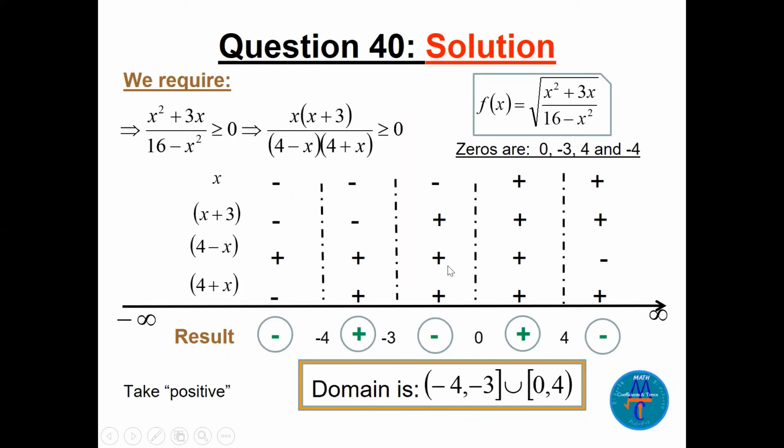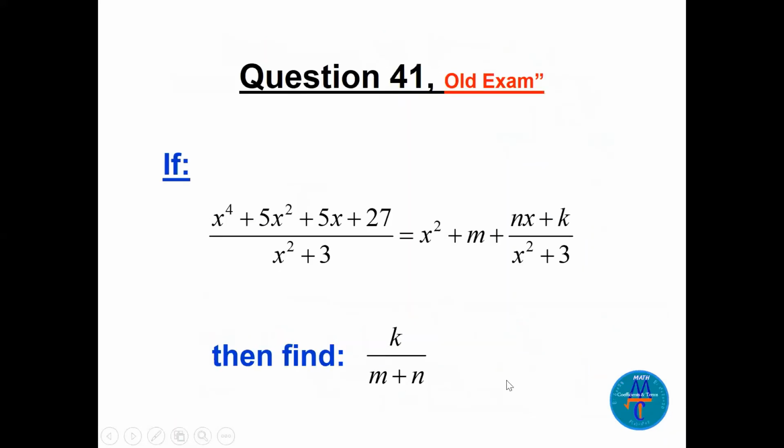Be careful about the table of signs. Then you have to choose the positive part. Make sure you remove all the zeros in the denominator. So when we have 4 and minus 4, they should be open. That is the domain of this function.